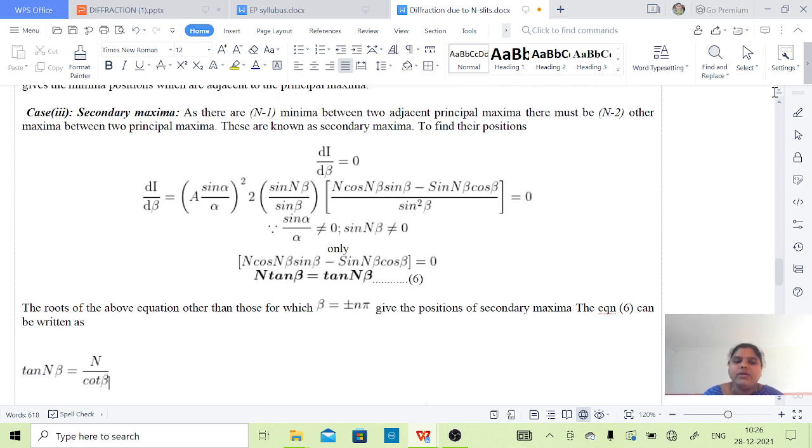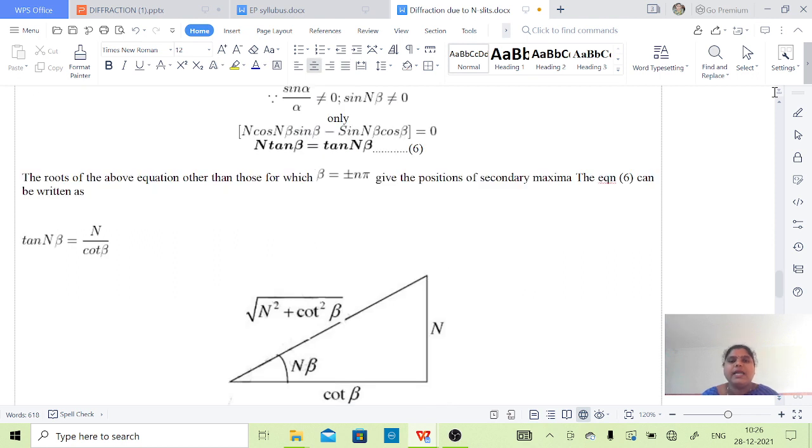We have to find out the value of sin square n beta by sin square beta. For that, the roots of the above equation, that is beta equals plus or minus n pi, give the positions of secondary maxima. From this tan equation, we can write the sine condition. See here, tan n beta equals n by cot beta.